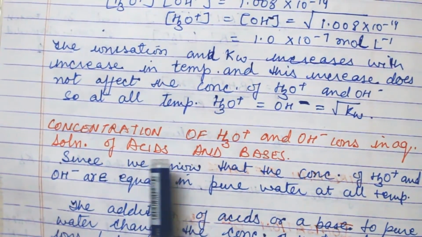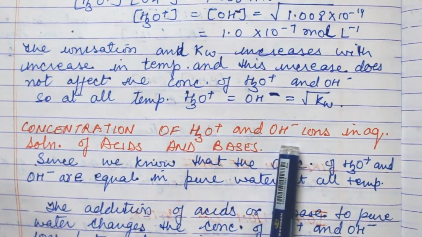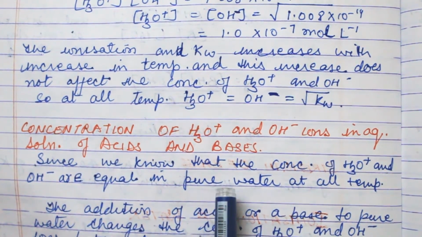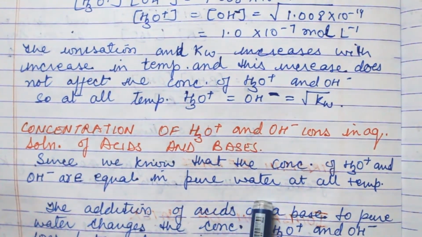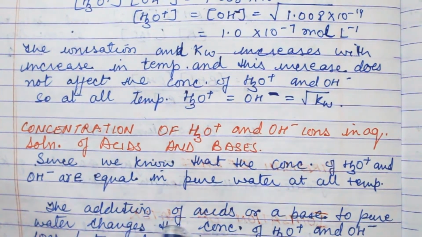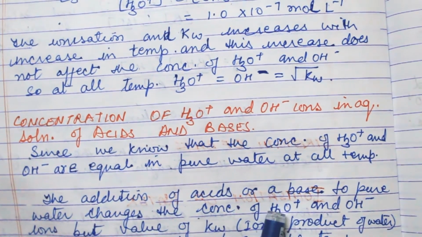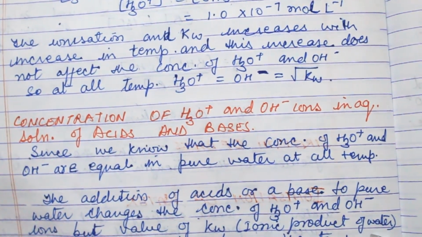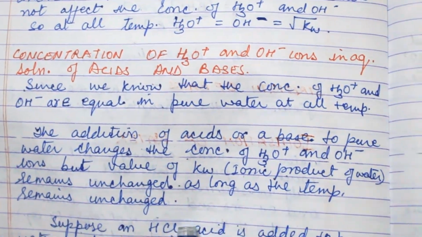Now come to the concentration of H3O plus, that is hydronium ion, and hydroxyl ion in the aqueous solution of acid and base. We know that the concentrations of hydronium and OH are equal in pure water at all temperatures. Addition of acid or base to pure water changes the concentration of hydronium ion and OH ion. But the value of Kw, the ionic product of water, remains unchanged as long as the temperature remains unchanged.